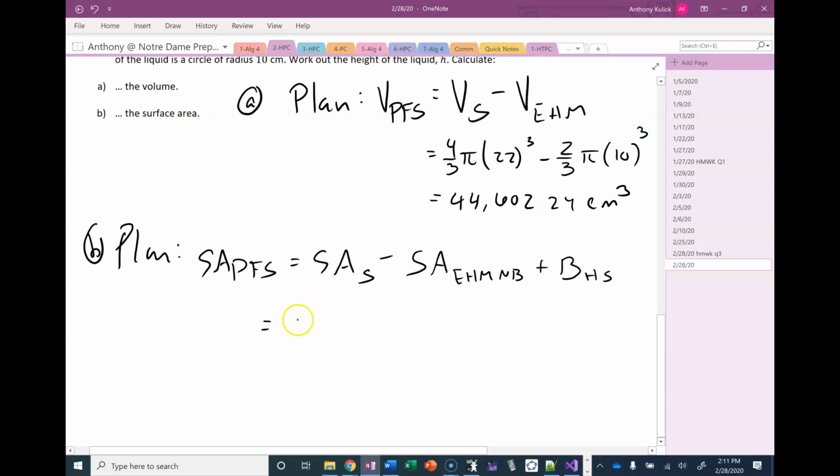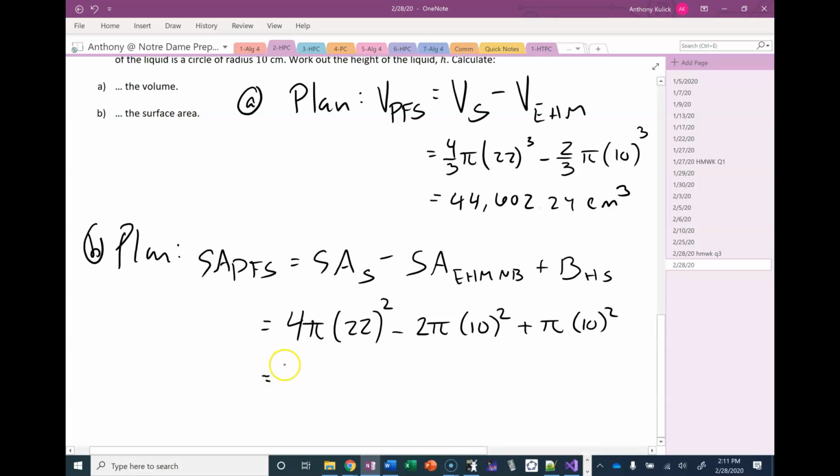What is the surface area for the sphere? Is that 4 pi r squared? Yes? Do you remember? I think it is, right? Okay. And the surface area for the hemisphere with no base is 2 pi r squared. And then the base for the hemisphere is pi r squared.